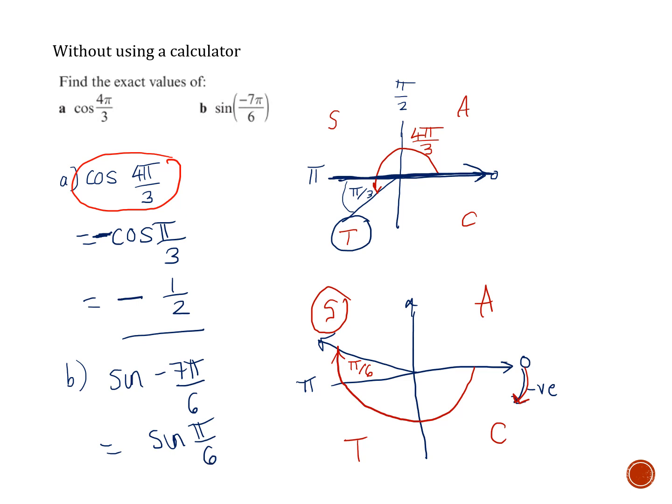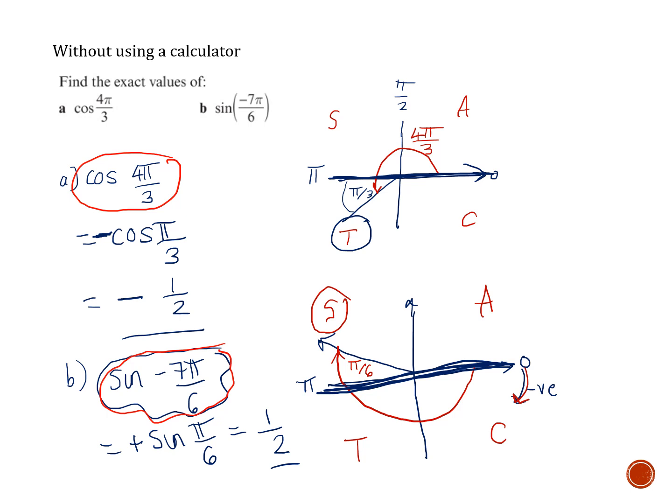Remember, it's always relative to this horizontal line here. It's going to have the same value as that, but it's going to be a plus because it's in that quadrant. This one is one of the ones on our table on the previous page, so that's equal to a half. And again, you can type this in your calculator just to make sure that it does indeed give you that value, and it does. But it's you understanding where that's come from.